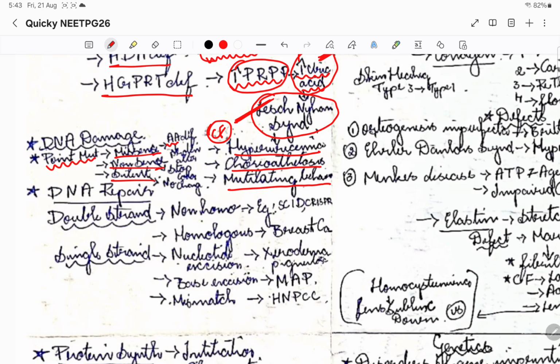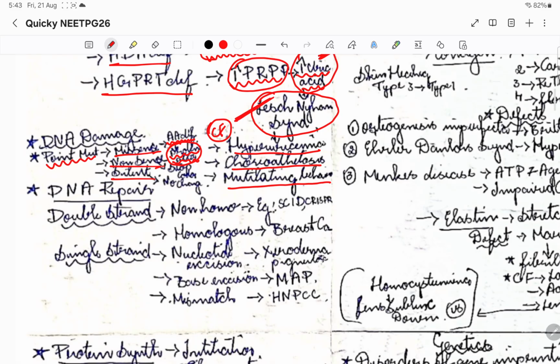When there is an amino acid difference, the protein gets altered. For example, there was supposed to be one amino acid, and if it was replaced by a different amino acid, then protein alteration will happen. Okay, so this is called point mutation, missense.